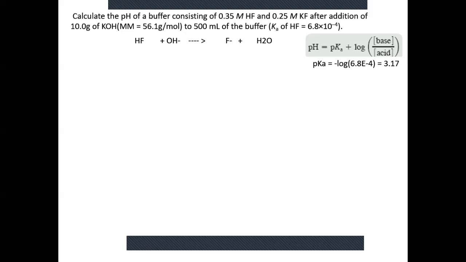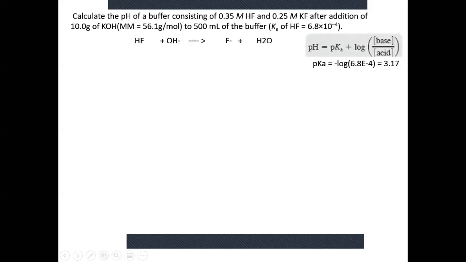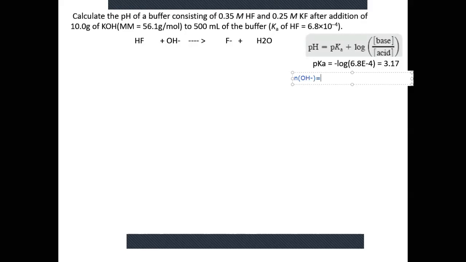So again, since we're dealing with 500 milliliters of buffer, we need to determine the moles of hydroxide. Moles of hydroxide equal moles of potassium hydroxide, which equals 10 divided by 56.1, which is 0.178.